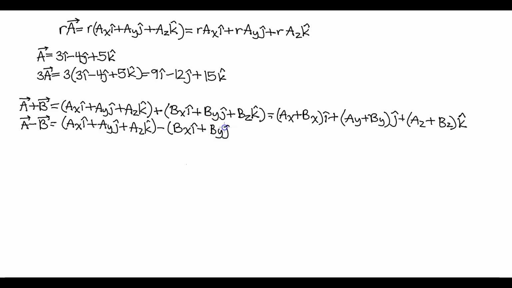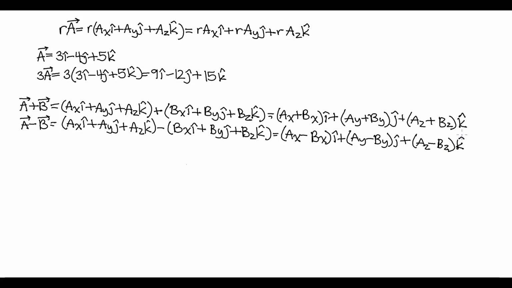So if I write out all the vectors in unit vector notation, then I get ax minus bx i plus ay minus by j plus az minus bz k. So you're just adding and subtracting like terms when you're in unit vector notation.